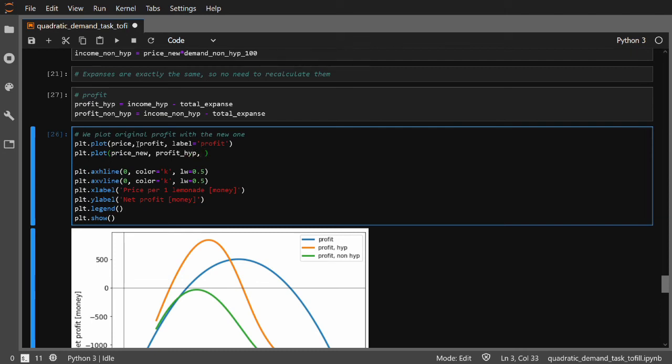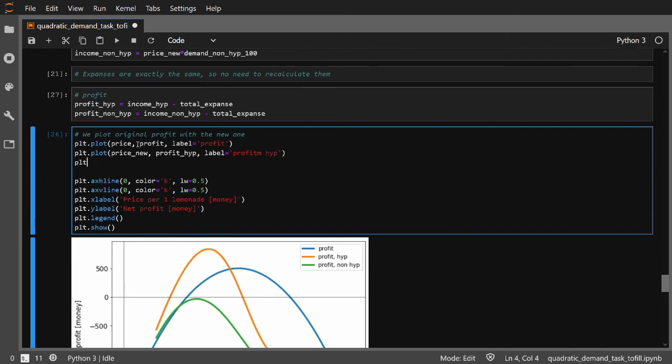And we add corresponding label, which will be profit hype. Third one, PLT plot, price new, profit non-hypothetical, label profit non-hype.